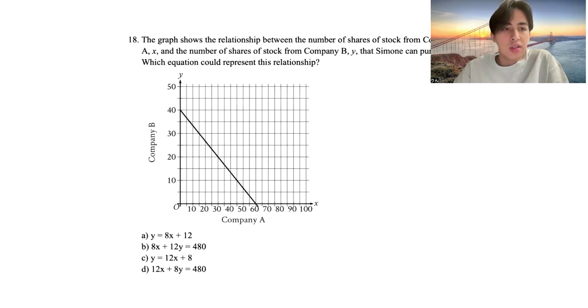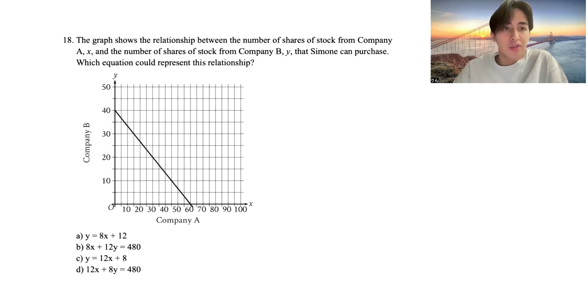So this one deals with a graph. The graph shows the relationship between the number of shares of stock from company A, which is the x-axis, and number of shares of stock from company B, the y-axis, that Simon can purchase. Which equation can represent this relationship?